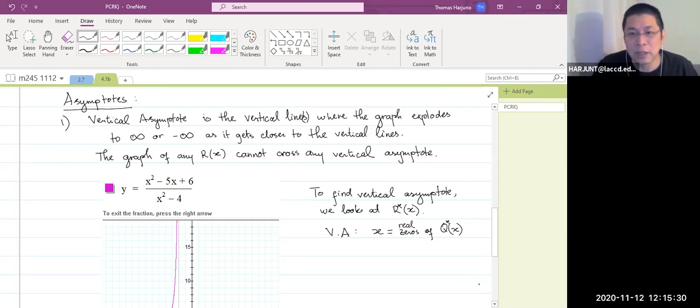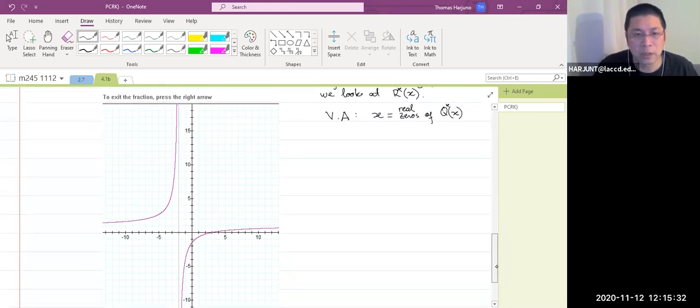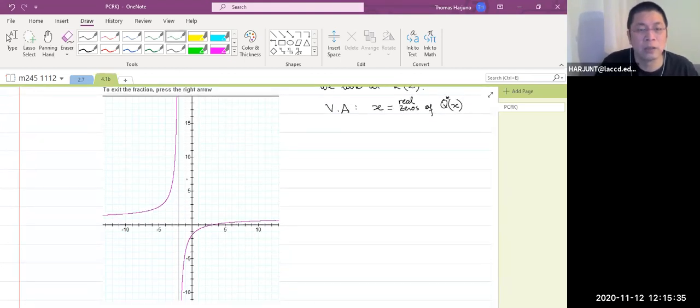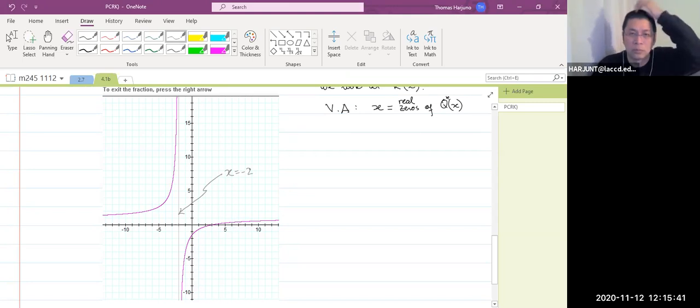Now, as you can see here, the vertical asymptote is x equals -2, right?